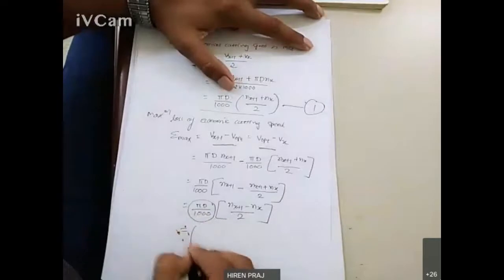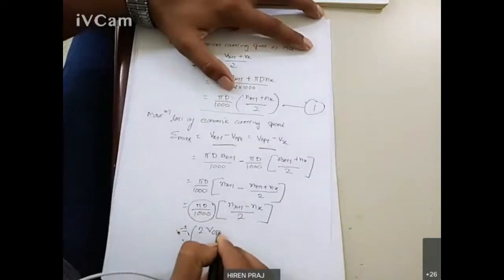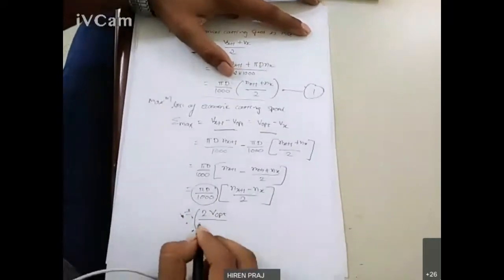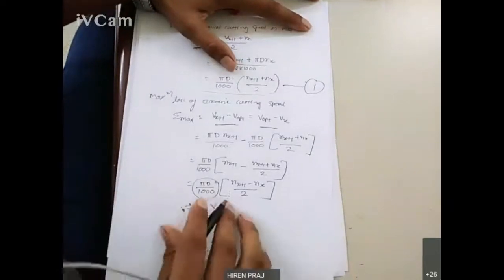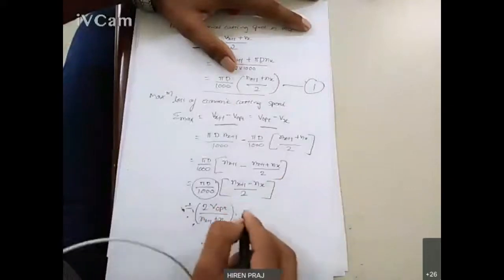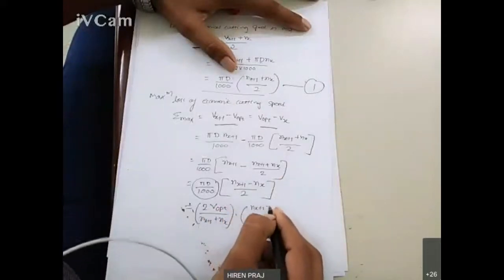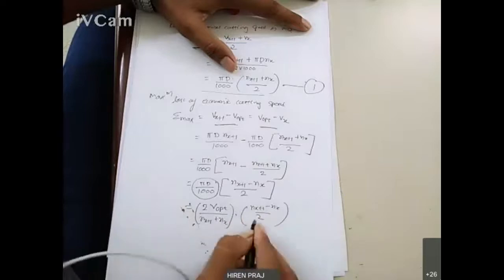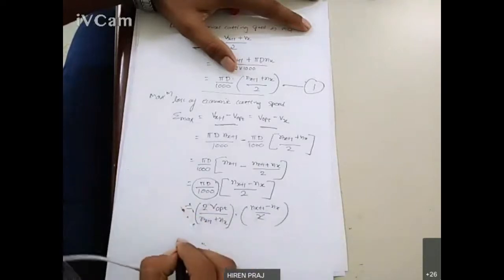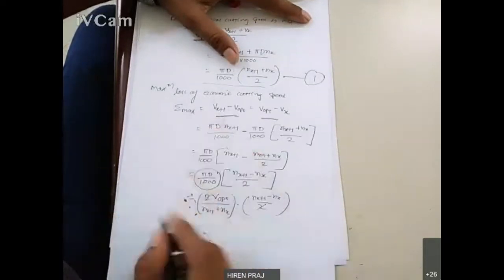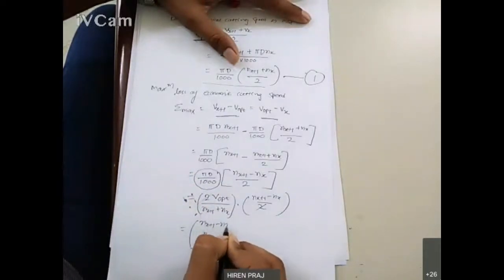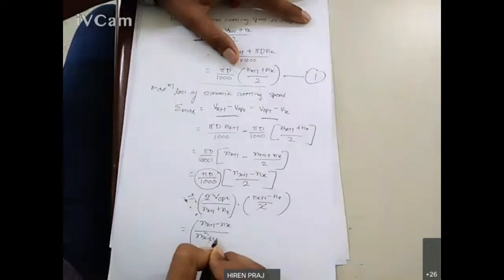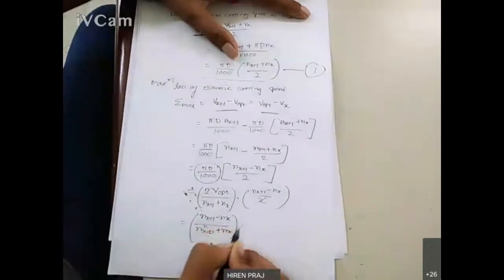Then I get here 2V optimum divided by nx plus 1 plus nx, and now this bracket as it is, 2 cancel out, then the remaining term is this nx plus 1 minus nx divided by nx plus 1 plus nx into V optimum.